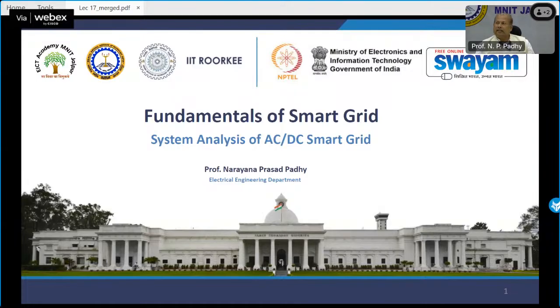Because let's say in this room, which is an AC grid, Prabha, is it an AC microgrid or DC microgrid? AC microgrid. Imagine from this plug, I have prepared a DC microgrid here. All right. And I would like to simulate the AC microgrid along with the DC microgrid. Unfortunately, there is no conventional algorithm available.